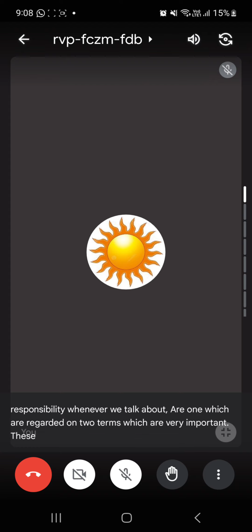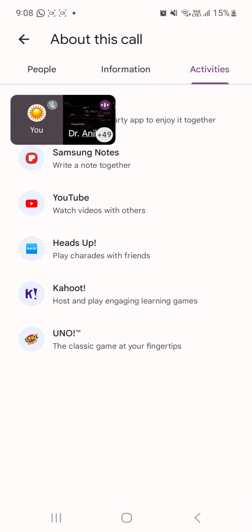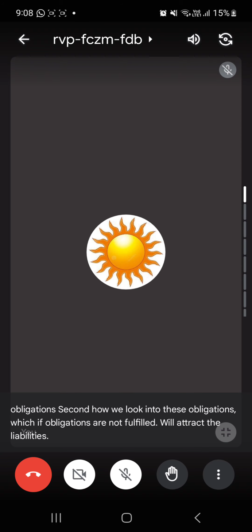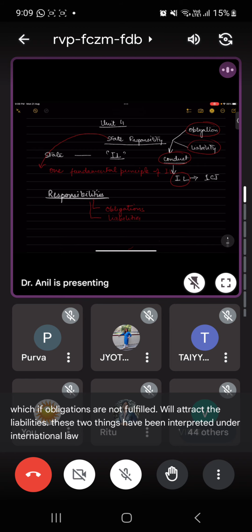These two terms are, first, how we define the obligations. Second, how we look into these obligations, which if not fulfilled, will attract the liabilities.